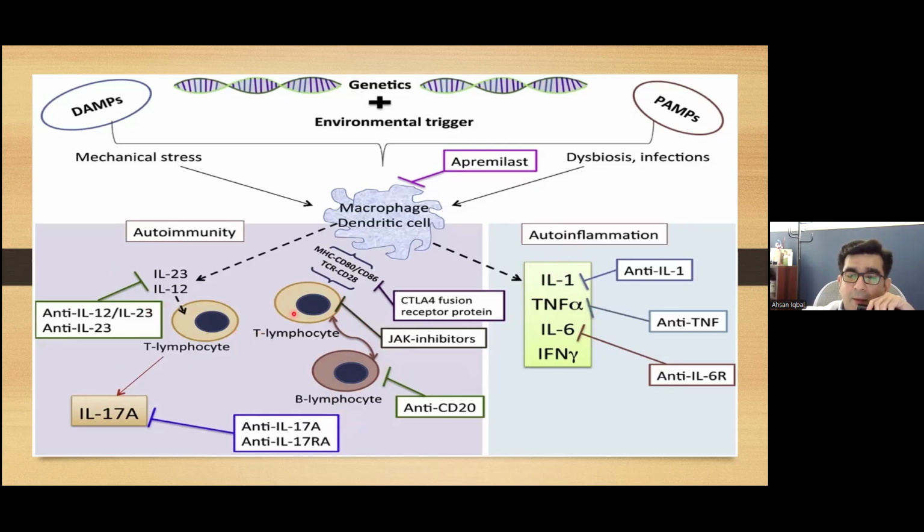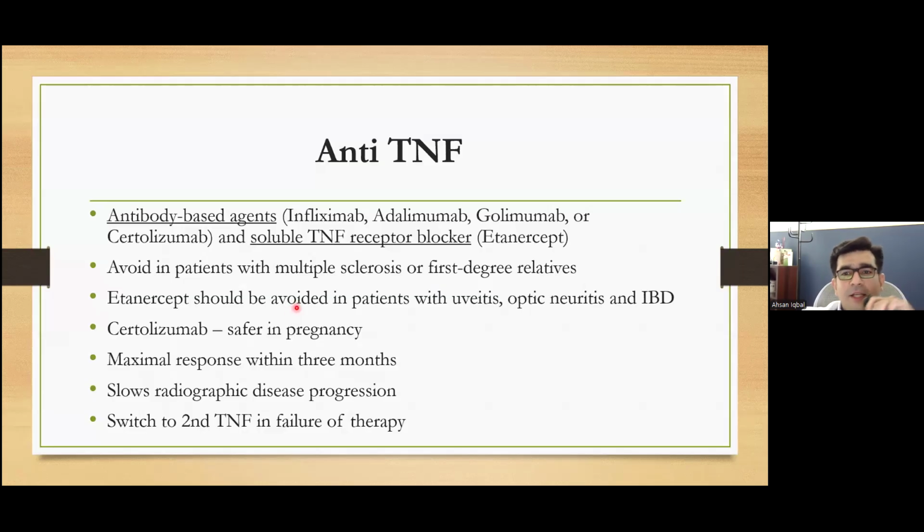So just to give you a basic sense, we don't have to completely obliterate the immune system. We're only picking one leg of the immune system, suppressing it, and seeing how the patient responds. If that suppression doesn't work, then we move on to the next part of the immune system. Anti-TNF is the most common therapy deployed, which includes infliximab, Humira, etanercept, Cimzia.